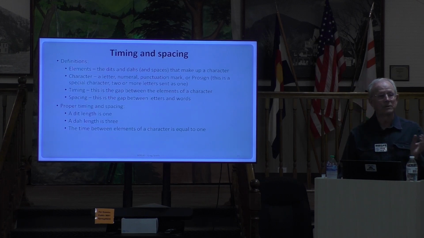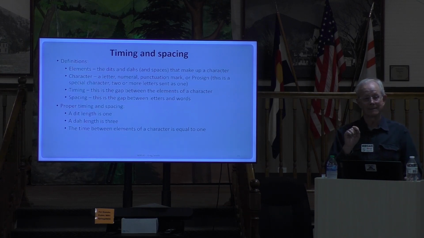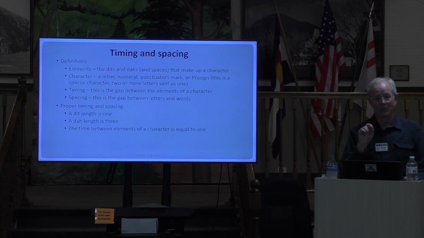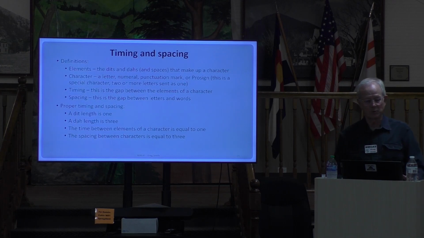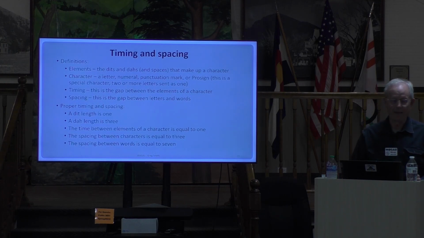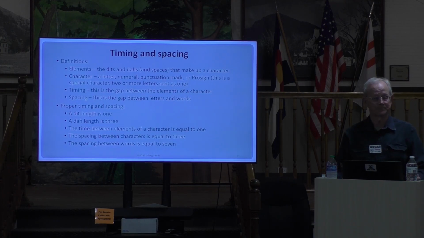The timing between the elements in a letter or a number is the length of 1 dit. So you can see where this is getting complicated. And the spacing between characters is equal to 3 dits. Is everybody confused? Everybody following me with this? Is everybody going, why the heck do we care? And then the spacing between words is 7.